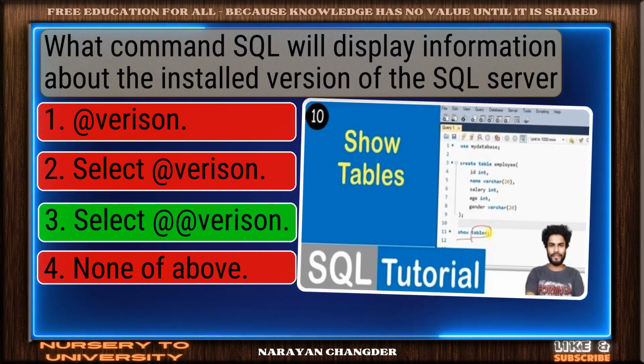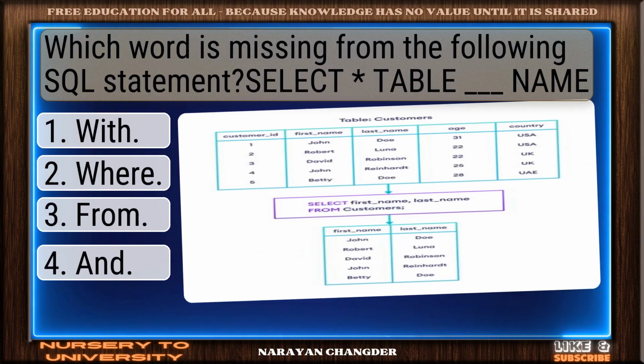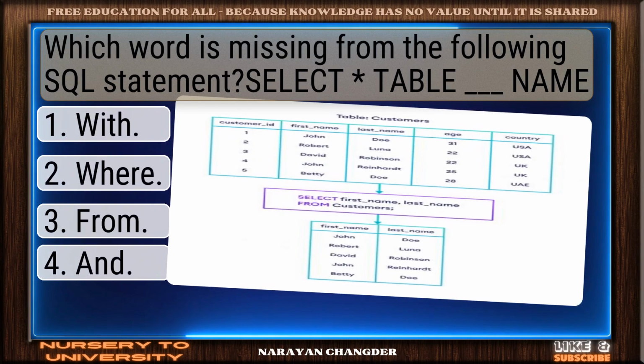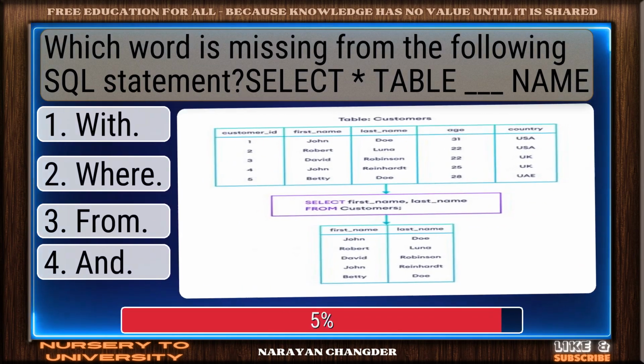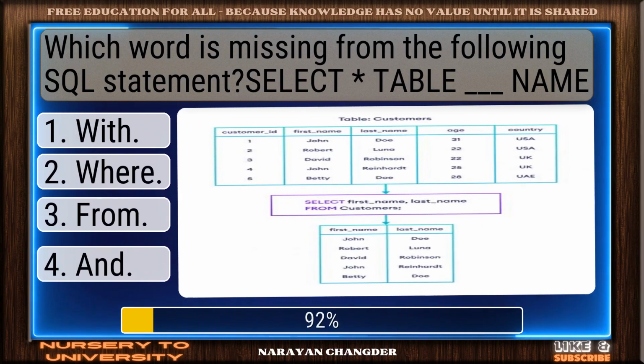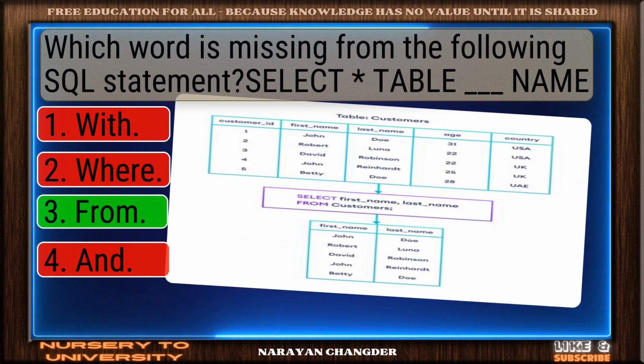Correct. Select Version is the right answer. Question number 12. Which word is missing from the following SQL statement? Select table-name. Sharp thinking. From is the right choice.